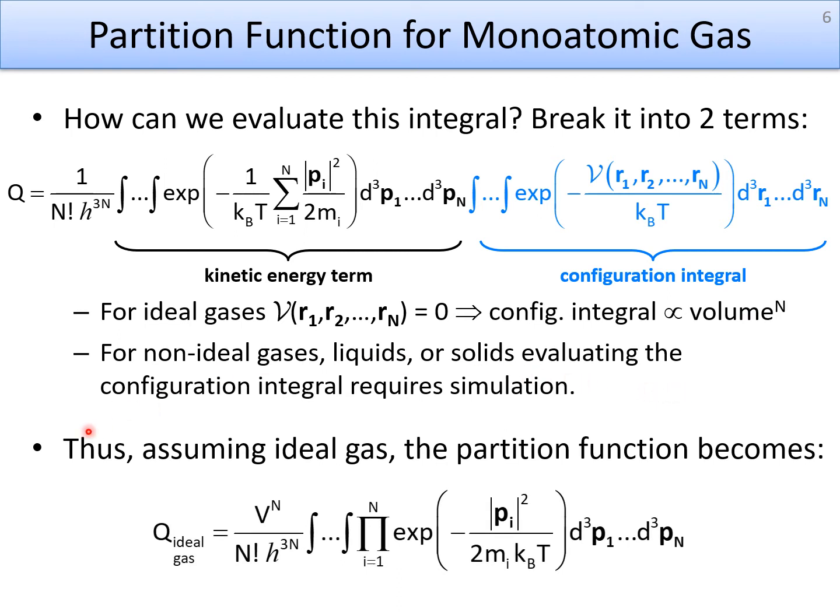So under this assumption of the ideal gas, the partition function becomes like this. We see the volume to the n power appearing here, which comes from the configurational integral. And the rest is basically what you see here, but I have just taken this sum out of the exponential.